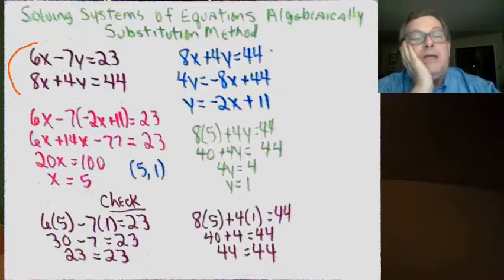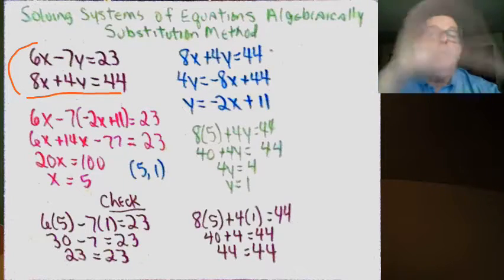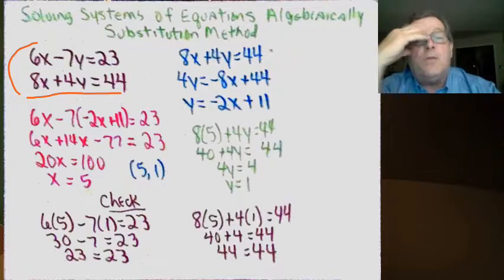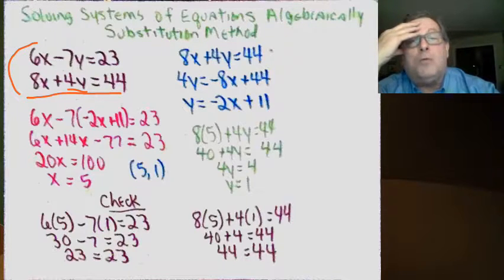And so I'm looking at these two, and I think that I can work best initially with this 8x plus 4y equals 44. The reason why is I know I'm going to have to divide by something to isolate the y, and I see that that's a 4y, and 8 is a multiple of 4, and 44 is a multiple of 4.